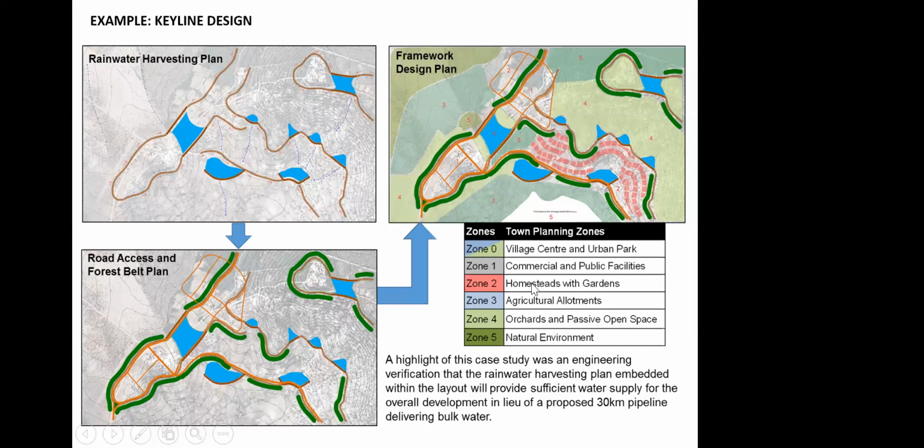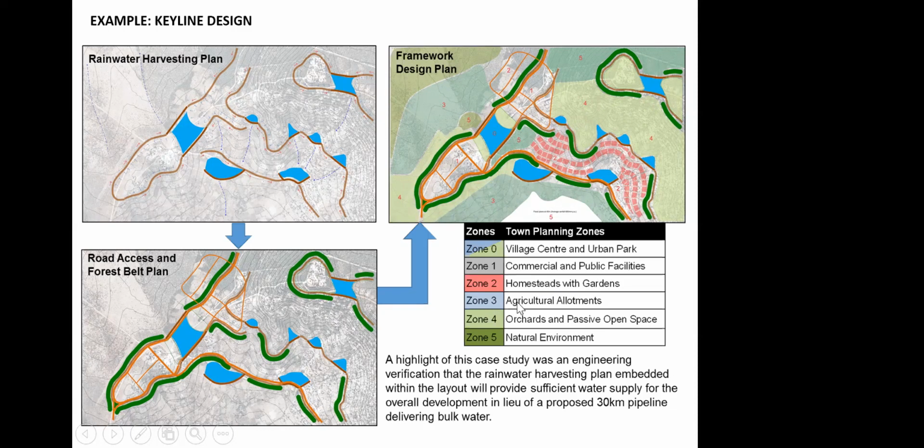Number 1. Number 2 would be your homesteads with gardens. The homesteads here are constrained to the less steep slopes. You don't want them running uphill here where it's too steep. And also you don't want homesteads going down past this road here where it's too shallow and entering a wetland. And there's also opportunity for putting homesteads with gardens along that side.